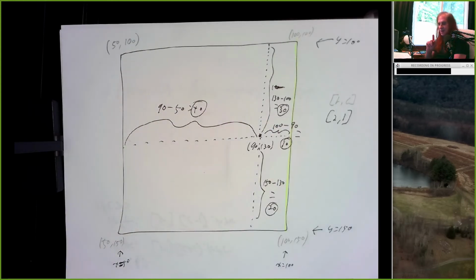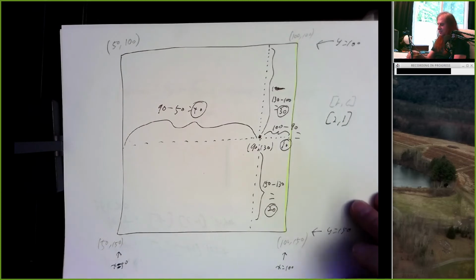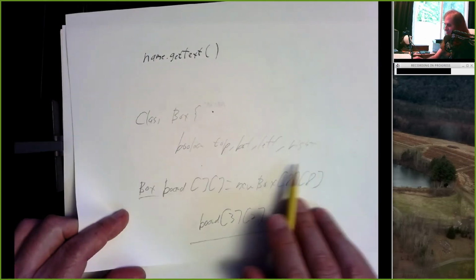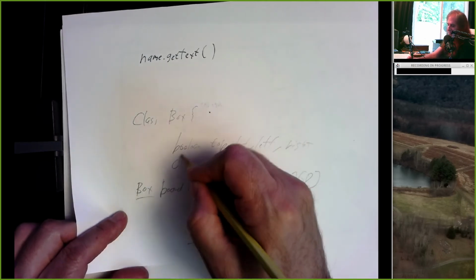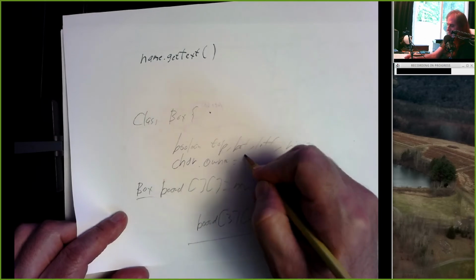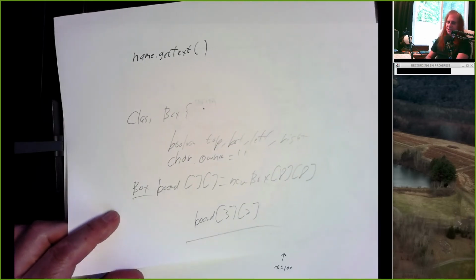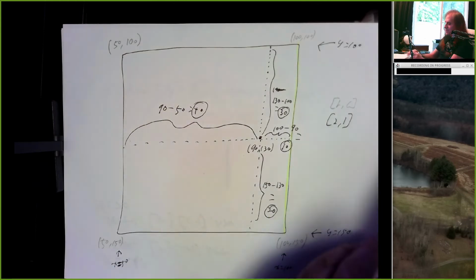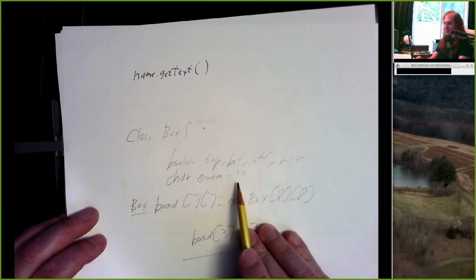And if they are, then this box was just completed, and we need to record this person's initial inside this box. So in your box class, in addition to having booleans for top, bottom, left, and right, you can have a character for the owner and initialize it to empty or something. But if the person completed a box, go ahead and set that character to their initial.